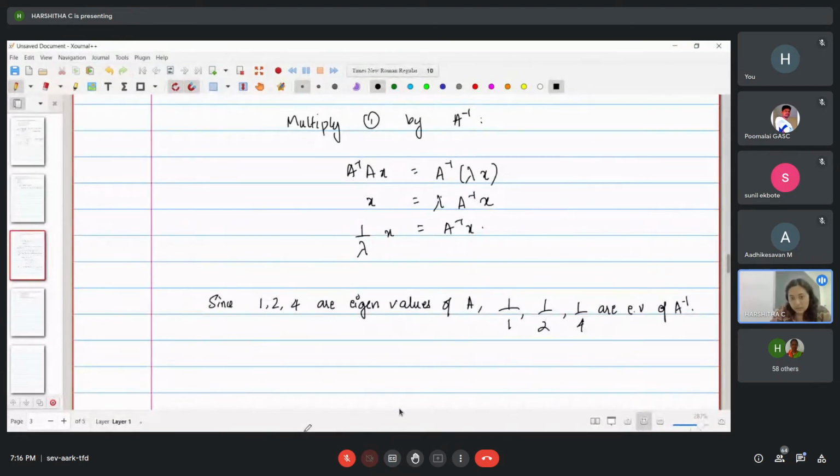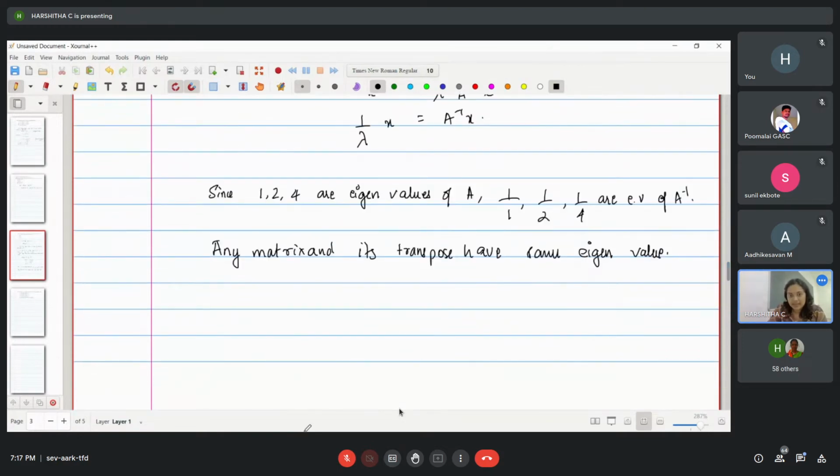Now you use the fact that any matrix and its transpose have the same eigenvalues. So what we get is eigenvalues of A inverse transpose are 1, 1 by 2 is 0.5, 1 by 4 is 0.25.